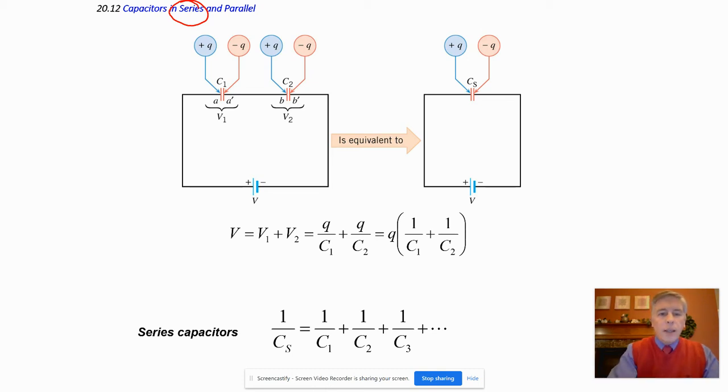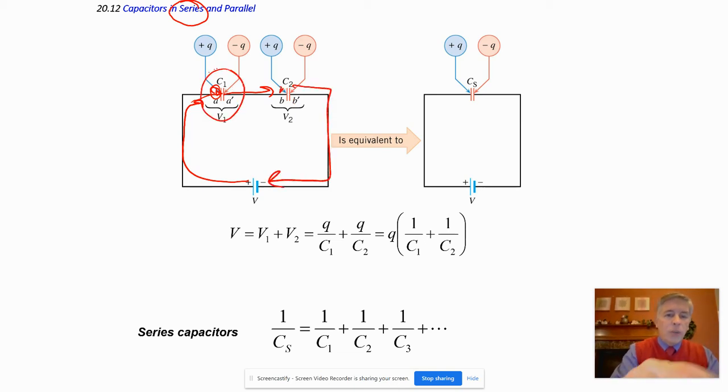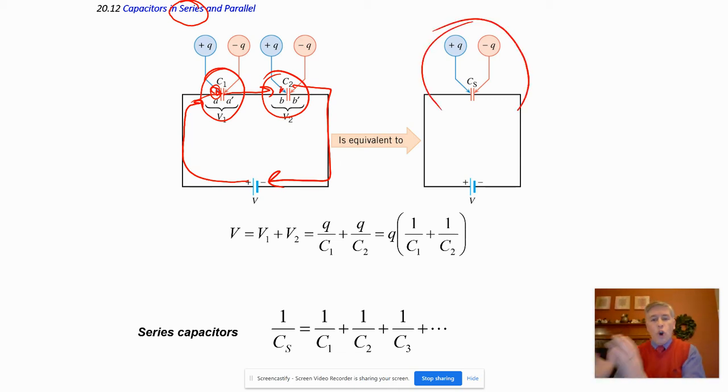We know that as charge comes around, it's going to start building up. The amount of charge that builds up here is going to push away the same amount on this one, and then push away to come back. So each one of these has to have the same amount of charge. Notice here, the total has the same charge as the individual ones.